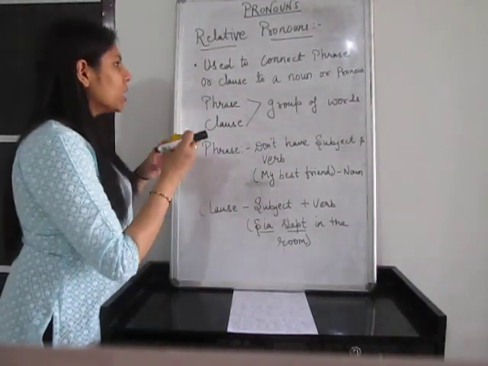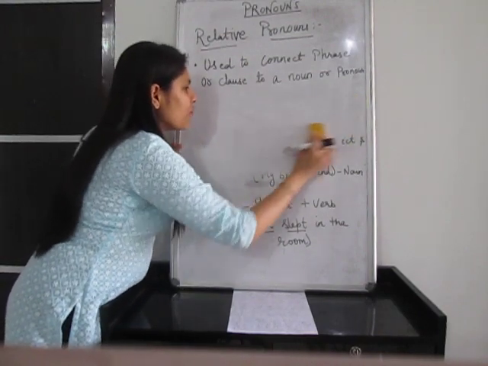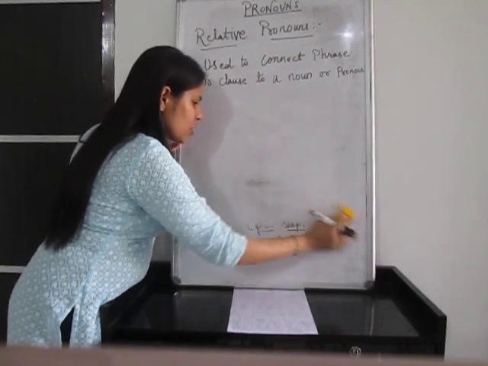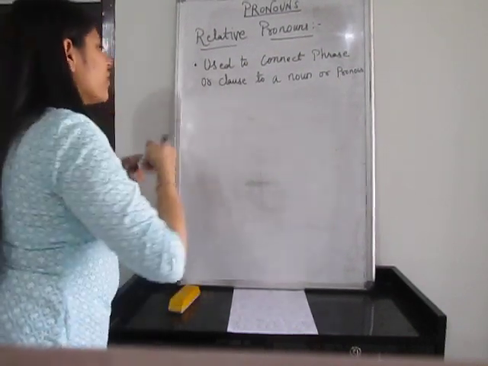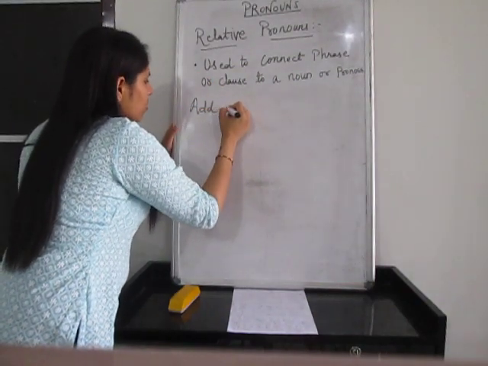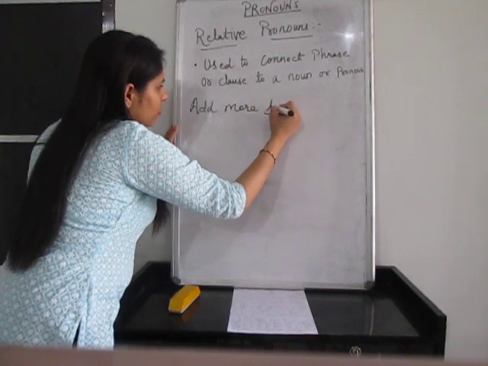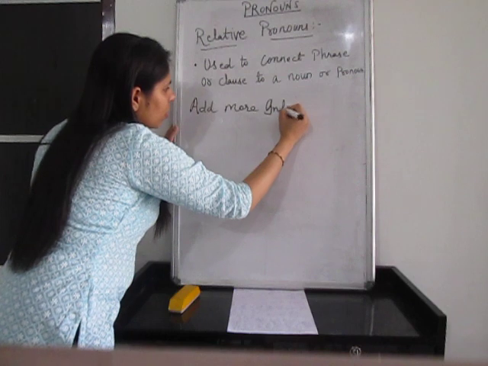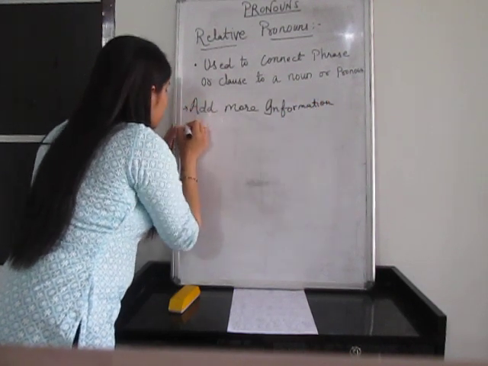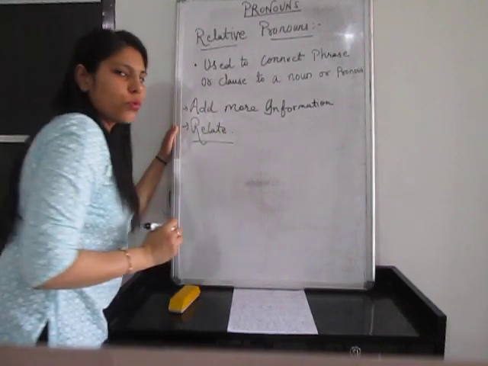So we need relative pronouns to add more information, or to connect a phrase or clause to a noun or pronoun. It basically relates a phrase or clause to a noun or pronoun.